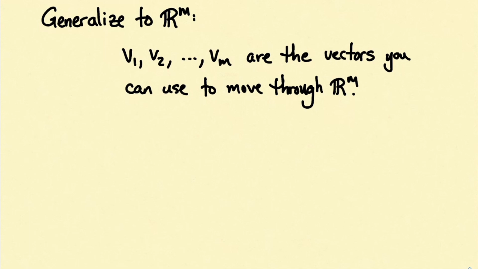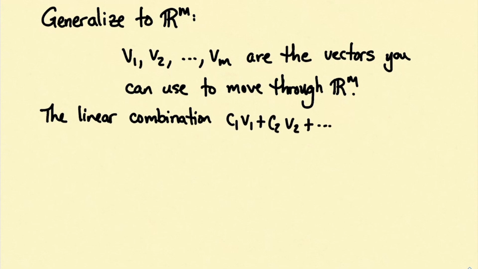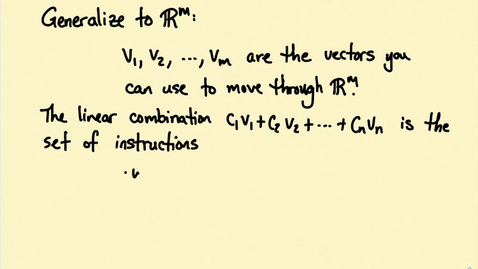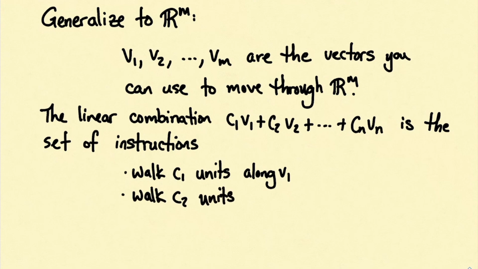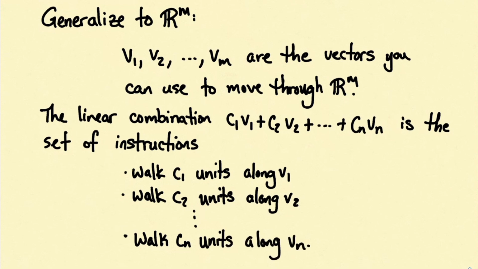That is to say, the linear combination c1 v1 plus c2 v2 plus ... plus cn vn is the set of instructions: walk c1 units along v1, walk c2 units along v2, etc., until finally you walk cn units along vn.